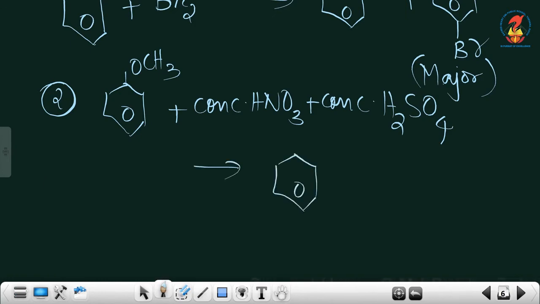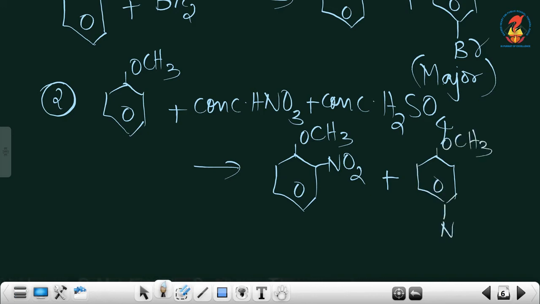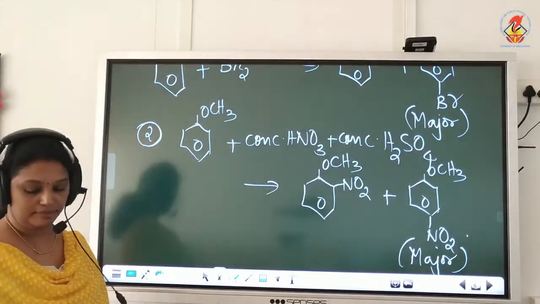And in nitration, the nitronium ion, that is NO2, will be attacking the ortho and para position. And always para is our major product.